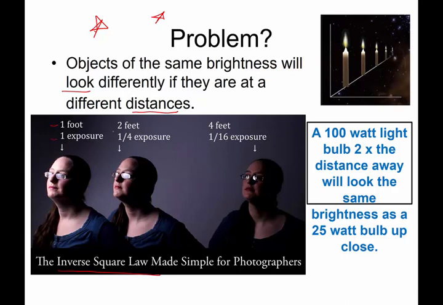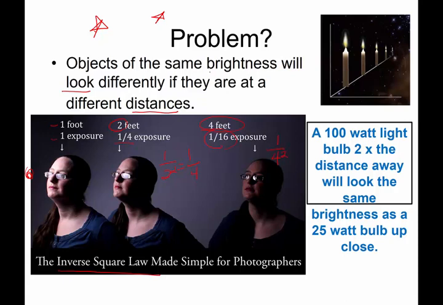She moves twice as far away, 2 feet away, and the light hitting her is 1/4. So she goes down to 1/2 squared, or 1/4 the quantity of light, when she's only twice as far away. When she moves to 4 feet, or 4 distances from the source of light, the amount of light actually hitting her is 1/16, or 1/4 squared.